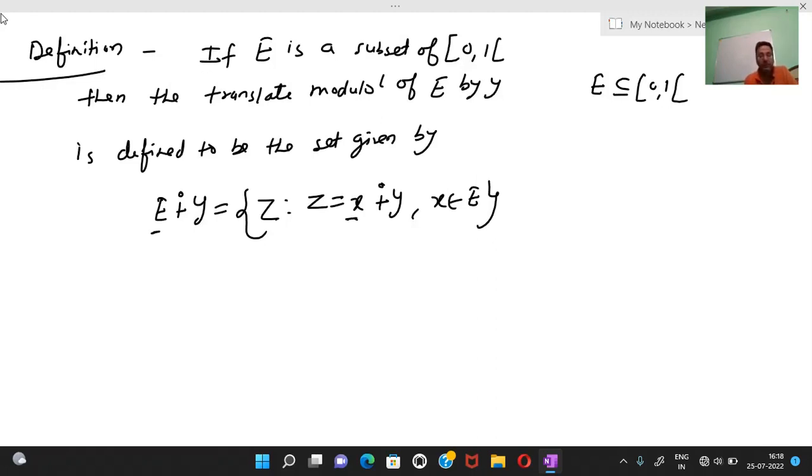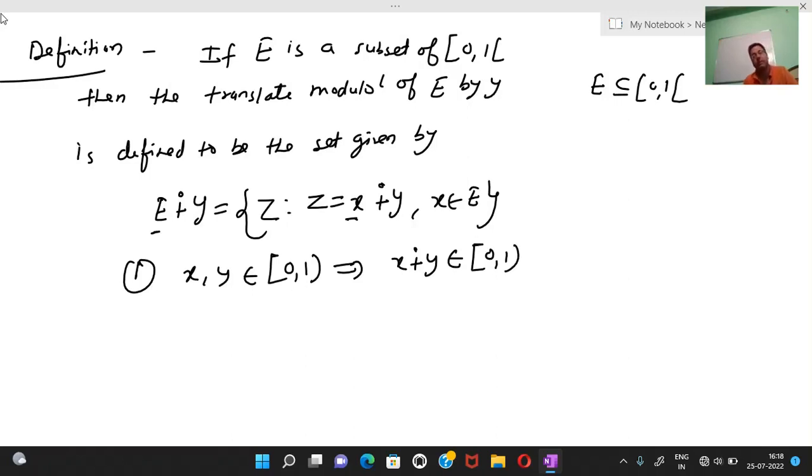We can see here if x and y belong to [0, 1), then x plus dot y always belongs to [0, 1), the closed interval from 0 and open interval from 1.